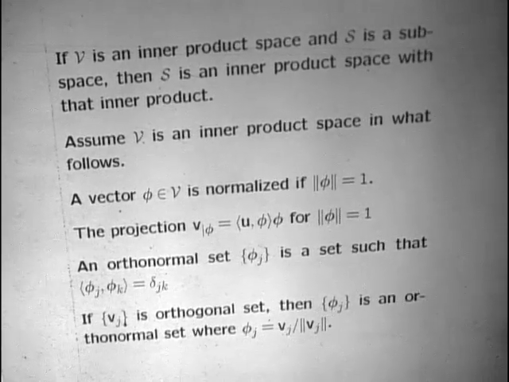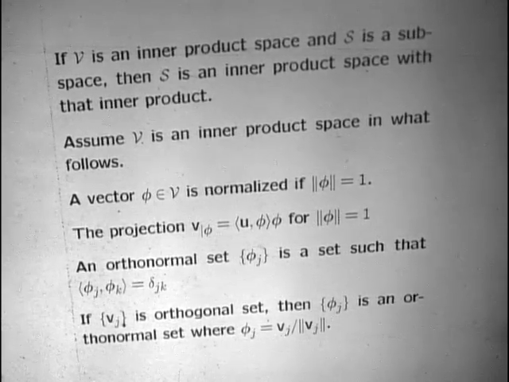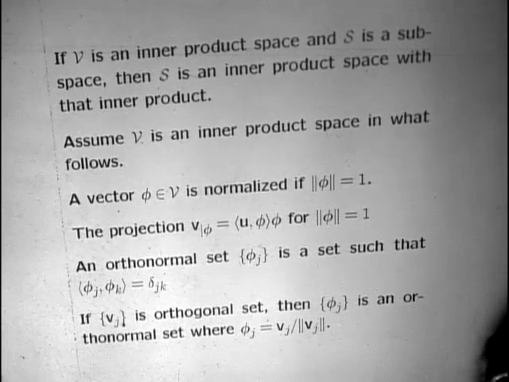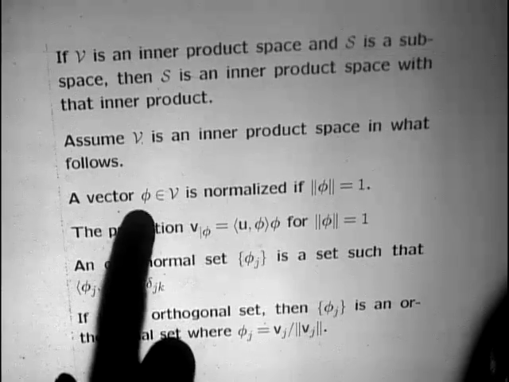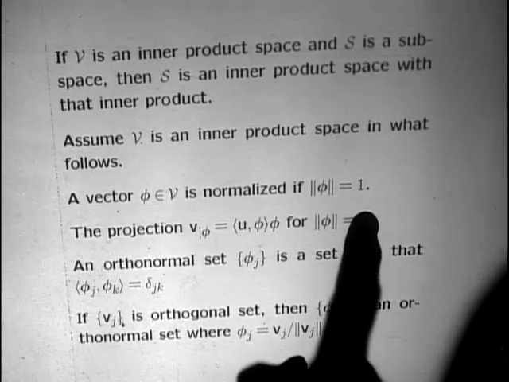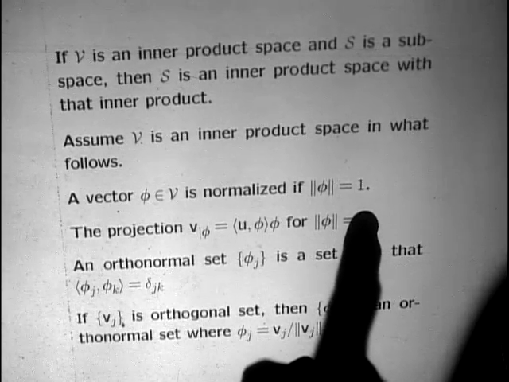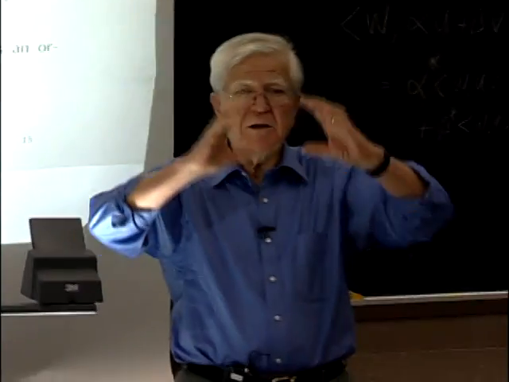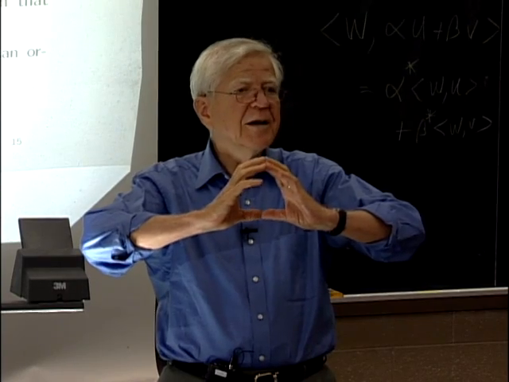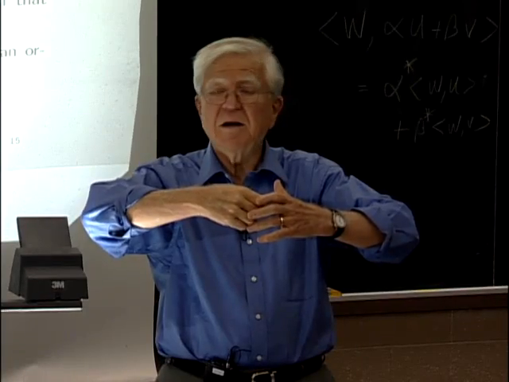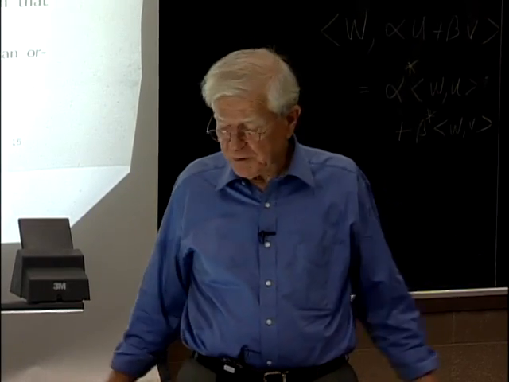Okay, everything I do from now on, I'm going to assume that V is an inner product space, and I want to look at how we normalize vectors. We've already talked about that. If I have a vector in this vector space, it's normalized if its norm equals 1. We already decided how to normalize a vector. We took an arbitrary vector v divided by its norm, and as soon as we divide by its norm, the norm of that vector v divided by the norm of v is just 1.